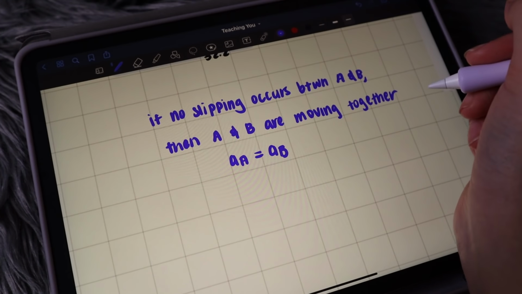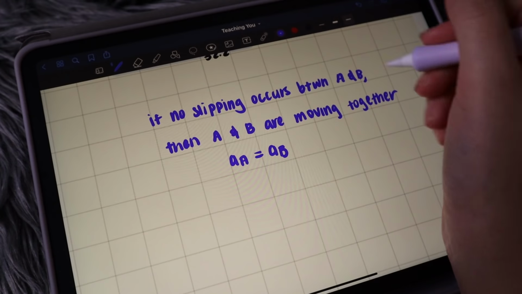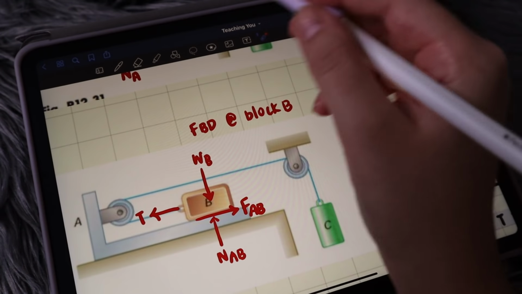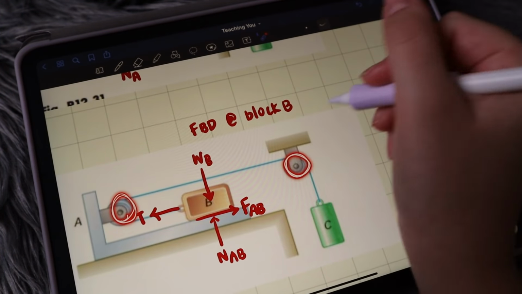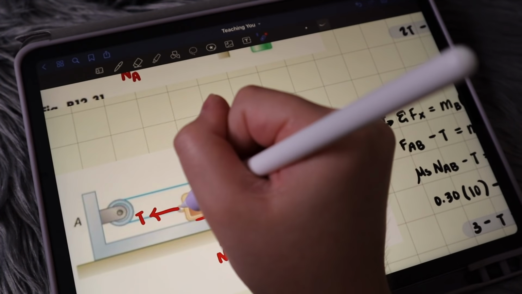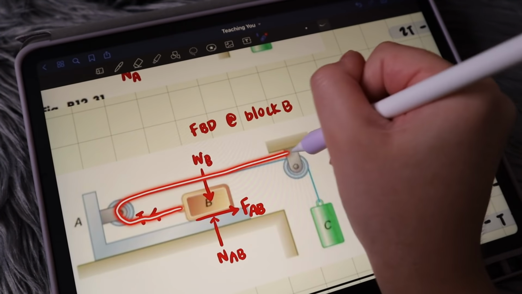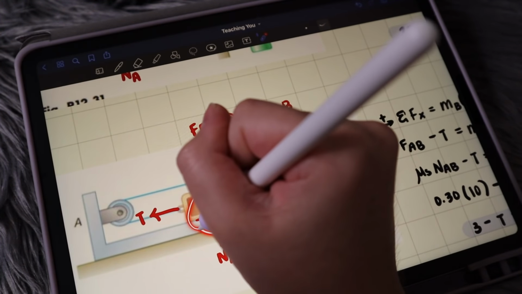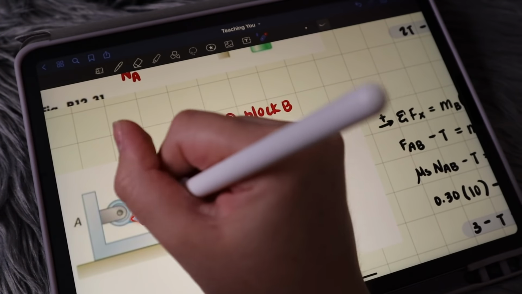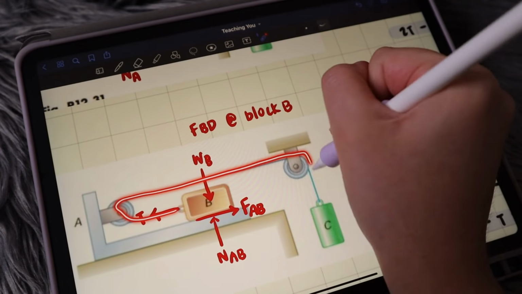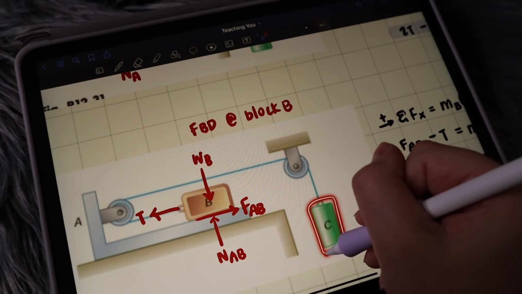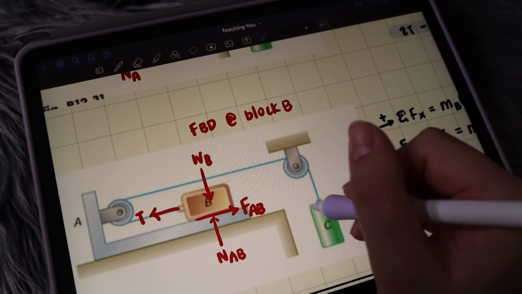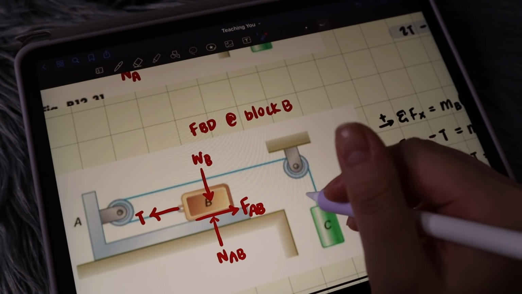So since there's no friction in the pulleys, that was stated in the problem, that there's no friction in the pulleys right here, basically the acceleration is going to be the same throughout the cable. So if we're saying that A and B have a certain acceleration, this cable is going to follow through, and therefore the acceleration of C is also going to be that same acceleration. They're all going to move at the same rate.